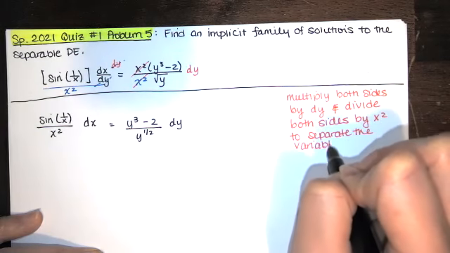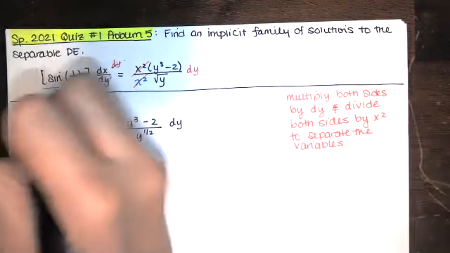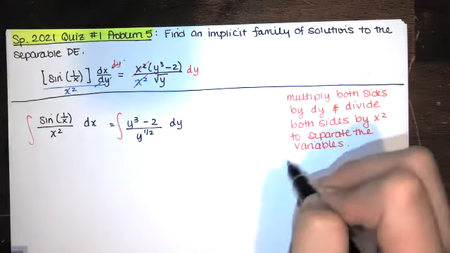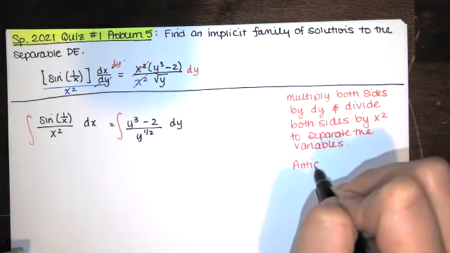Now, after you separate the variables, you just want to antidifferentiate each side with respect to the variable that is on that side.